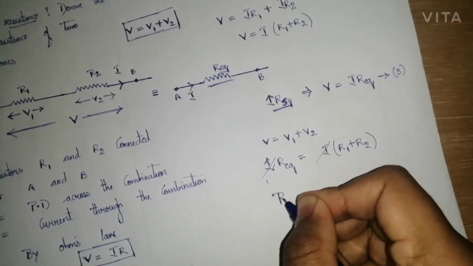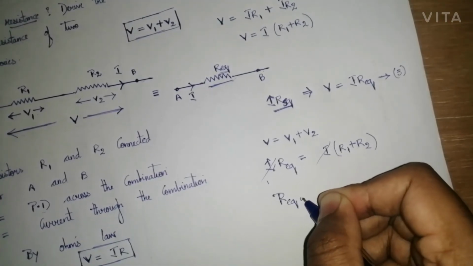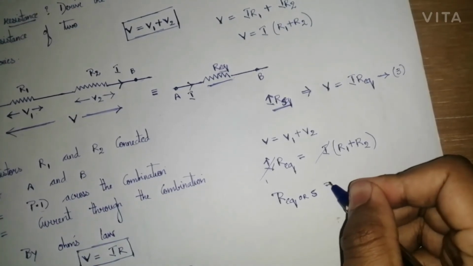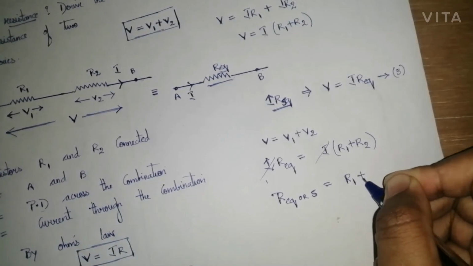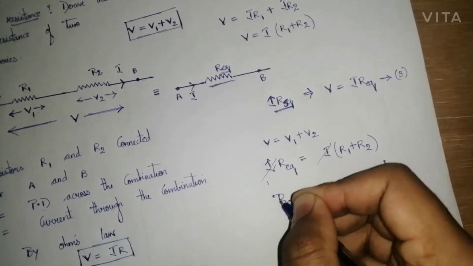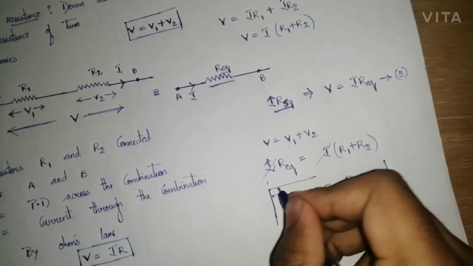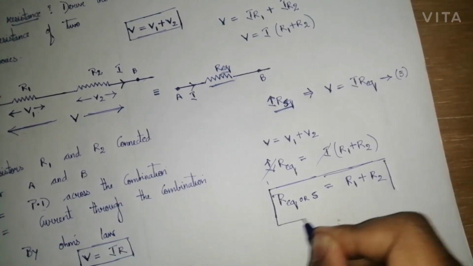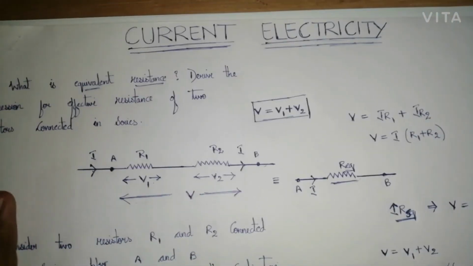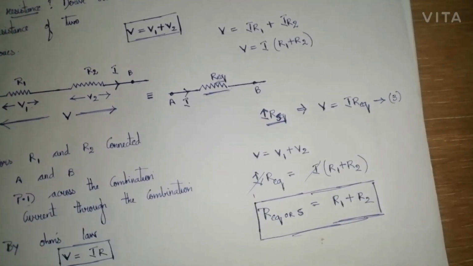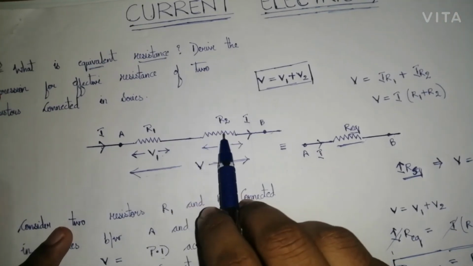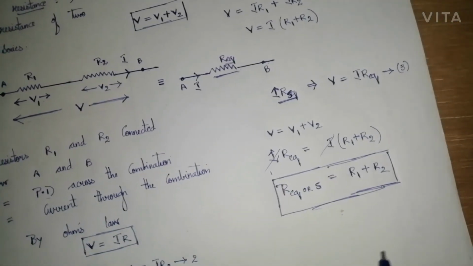So your R equivalent or R series, you can write anything, it will become R1 plus R2. That is your derivation. They haven't asked this very frequently, but to know your further derivations, you must know this. R equivalent is equal to R1 plus R2. Since I have taken only two resistors, it is R1 plus R2.